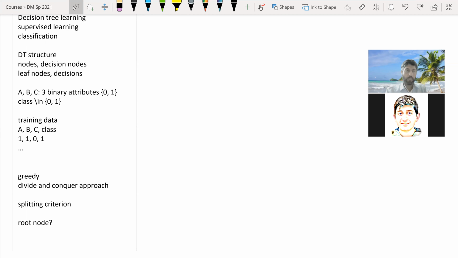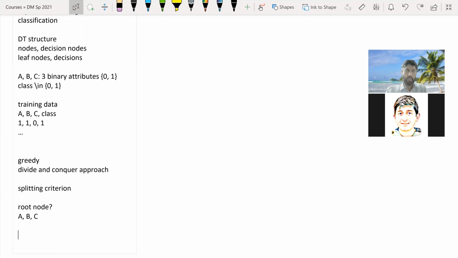So we have three options. We can select A, we can select B, we can select C. So let's just for example's sake, say if I select A, what does that mean? If I select A as the root node, it means that I'll be splitting the data set using the value of A, and there are two possible values for A, 0 and 1.